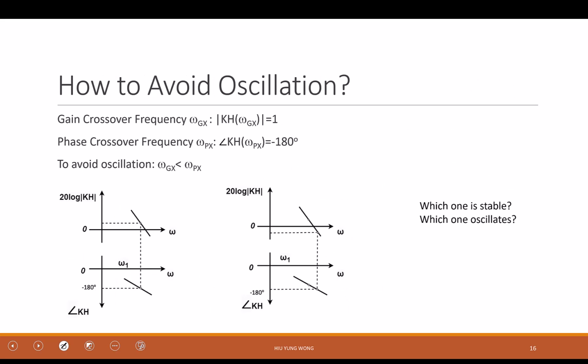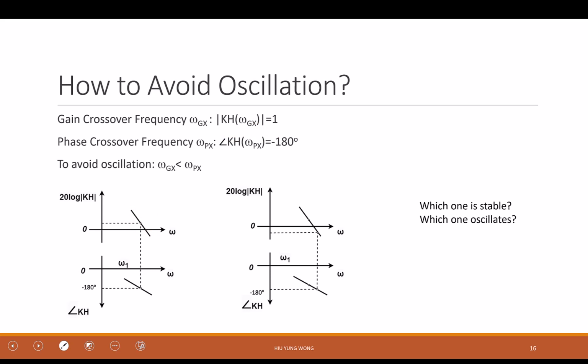In order to avoid this, first we need to understand two concepts, the so-called gain crossover frequency. And this is by looking at this feedback factor, I mean this or loop gain, right? When we try to see when it reaches 1, okay?